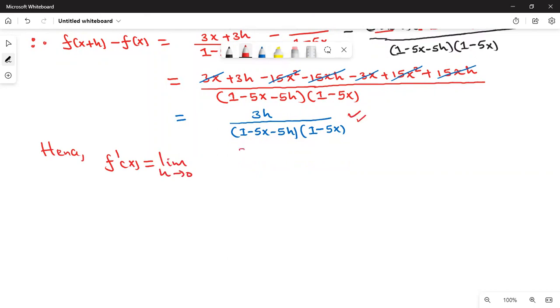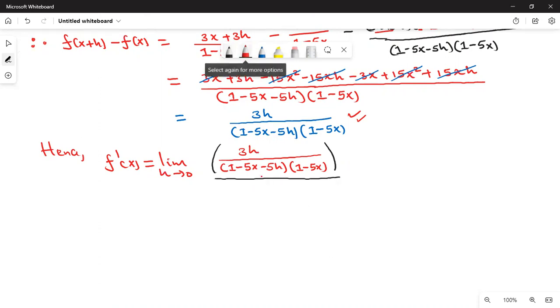We found 3h over 1 minus 5x minus 5h times 1 minus 5x at the numerator. So the whole of this, in fact, I can put in brackets to show that this is the numerator. We are dividing this by the denominator, which is h. Very important. So let me put these brackets.